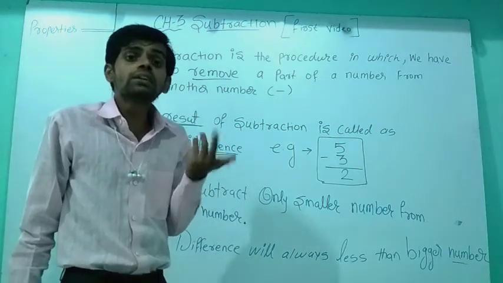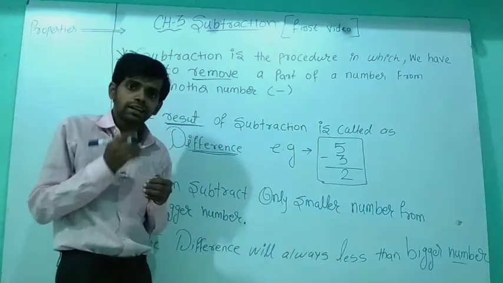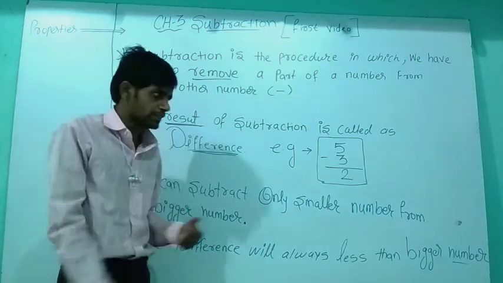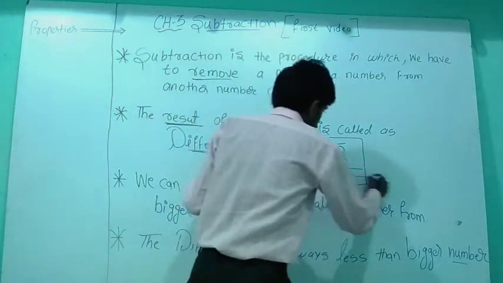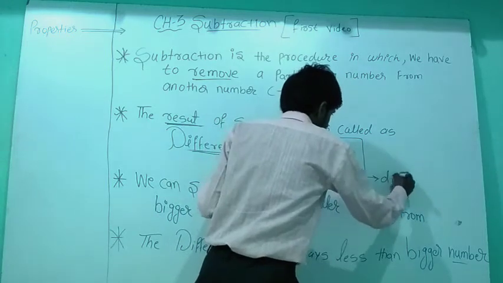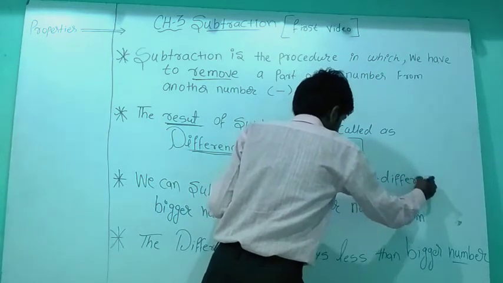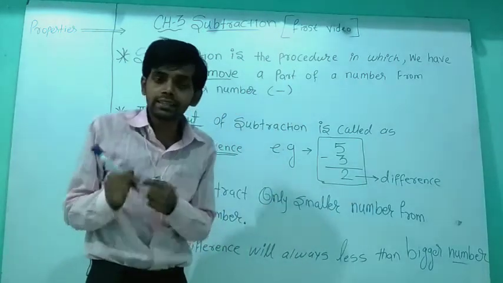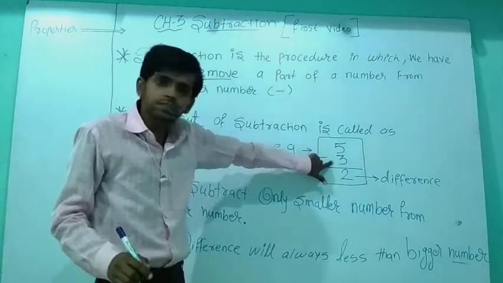Difference is the result of subtraction. सब्सट्रैक्शन करने के बाद जो आंसर आता है उसको डिफरेंस बोलते हैं. So this 2 is a difference. ये 2 आंसर है, किसका? 5 minus 3 का.